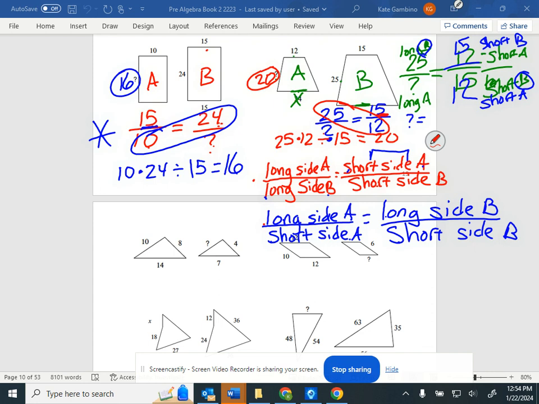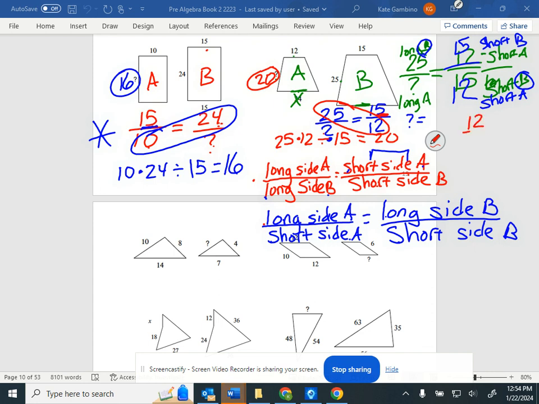What's another way we can check to make sure our answer is correct? Lucas. You figure out what you would multiply by 12 to get 15, and you do the same to figure out if that's correct.